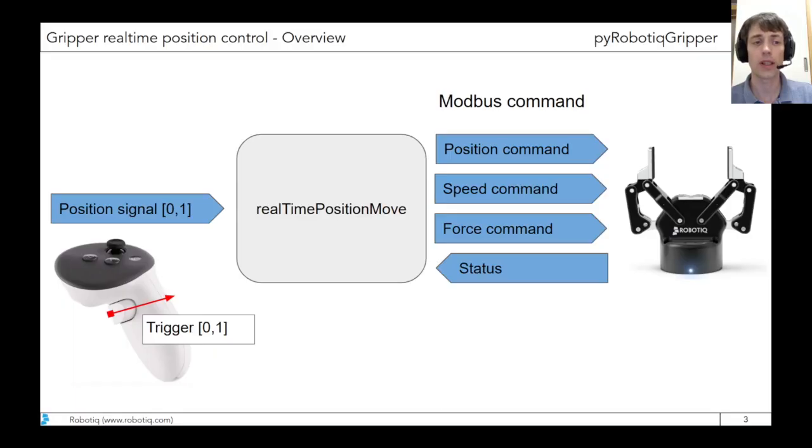The function then takes this signal and sends the appropriate position, speed, and force command to the gripper, and also retrieves the status of the gripper. Basically, when the trigger is released, the gripper is open, and the more you press the trigger, the more the gripper will close.